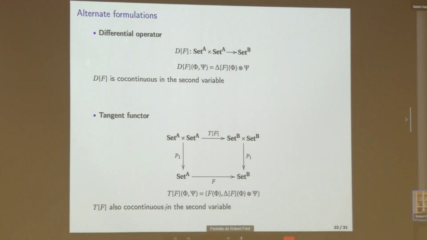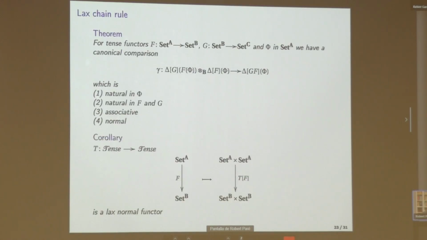And you can also get a tangent space version of it, where you lift F to set to the A cross set to the A, to set to the B cross set to the B. So again, now I'm supposing that the tangent space of set to the A is set to the A cross set to the A. And it's simply the same formula as before. You take F of phi, and you get delta F of phi tensor psi. So it's cocontinuous, linear if you like, in the second variable.